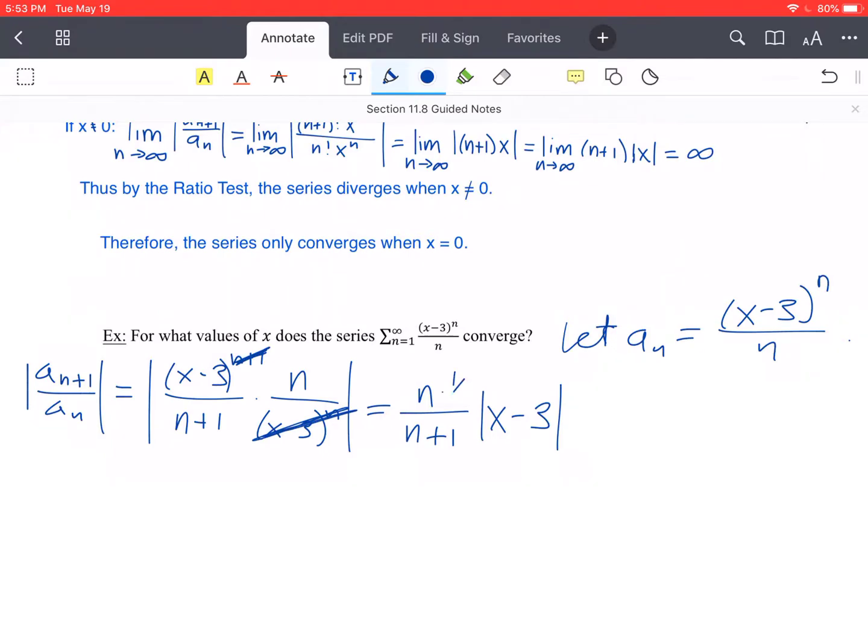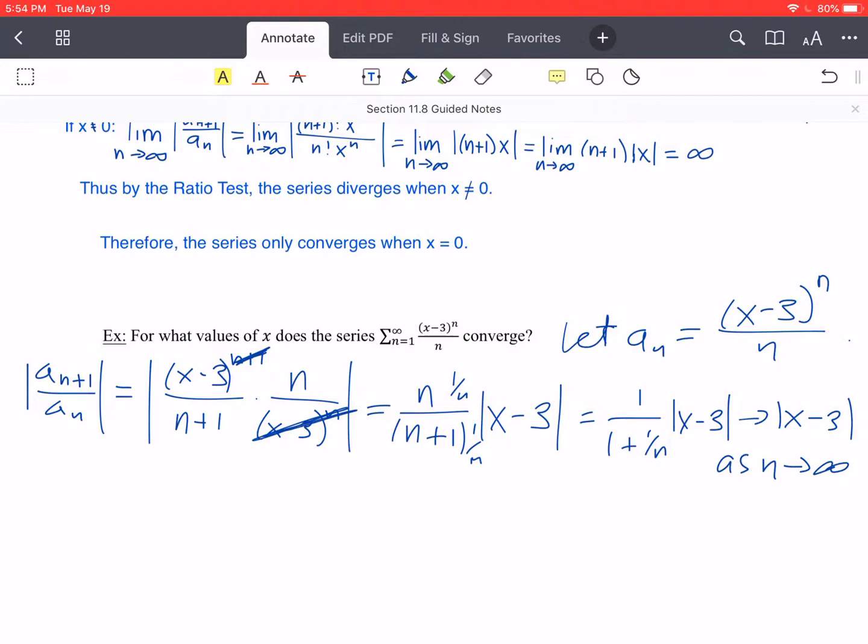I multiply top and bottom by 1 over n. So we're going to get 1 over 1 plus 1 over n times the absolute value of x minus 3, which means that that term turns to 0. So the whole thing is heading towards 1. So this whole value approaches the absolute value of x minus 3 as n goes towards infinity.